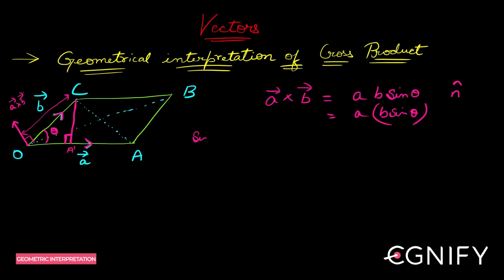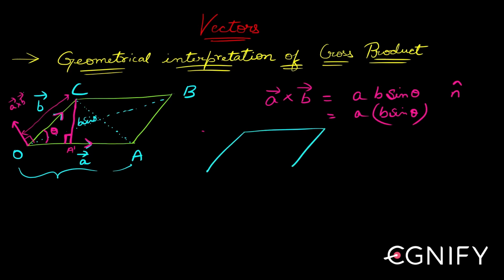So sine theta is equal to CA dash divided by OC, which is B, so CA dash is B sine theta. Obviously that side length, your A dash C, is your B sine theta. Now I am multiplying this OA with B sine theta.